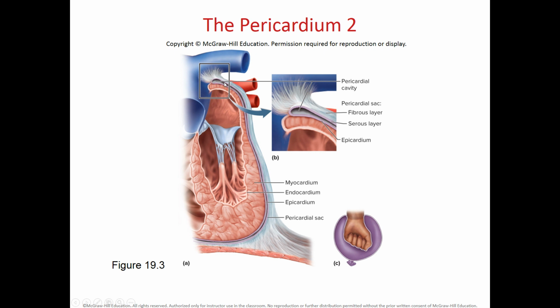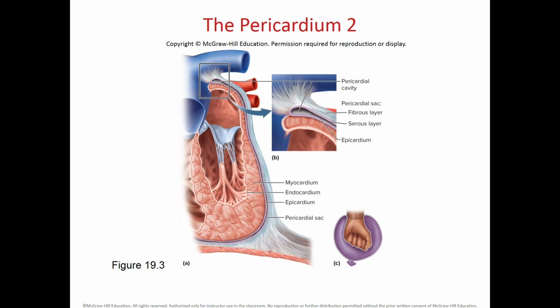This is a double wall sac, and if you magnify this area, you will be able to see this pericardial layer, which is the parietal pericardium, and this is the visceral pericardium. The pericardium can be compared to an inflated balloon into which you put your fist.